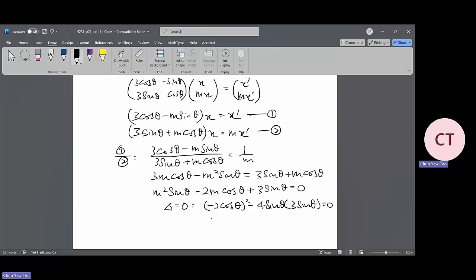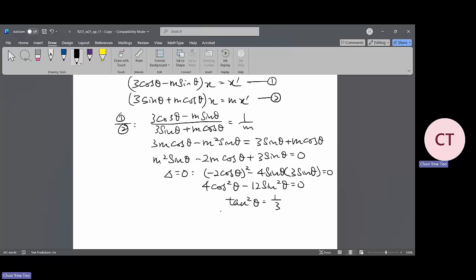must equal to 0. So you will get 4 cos square theta minus 12 sine square theta equal to 0. So we can make it become tangent square theta equals 1 over 3. Then tangent theta will equal to the positive 1 over 3, and tangent theta will be equal to the negative 1 over 3.